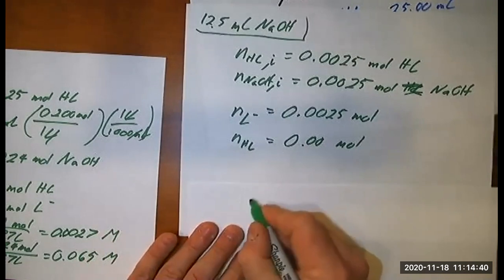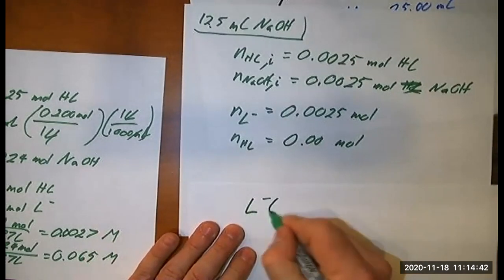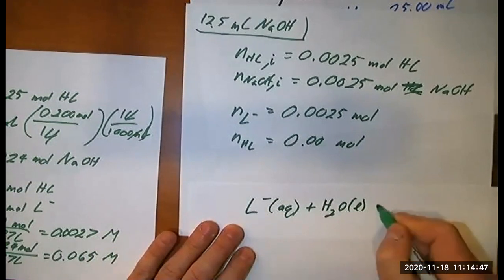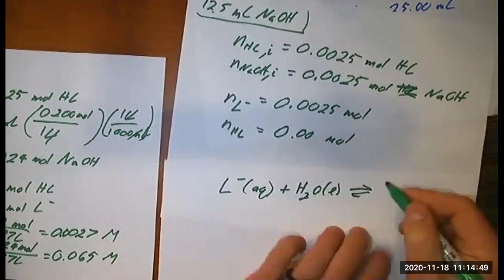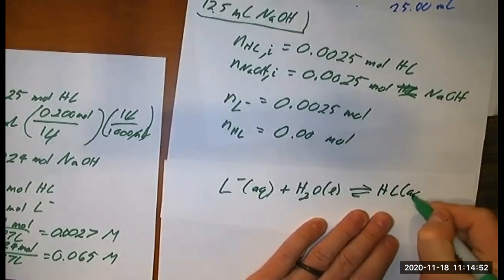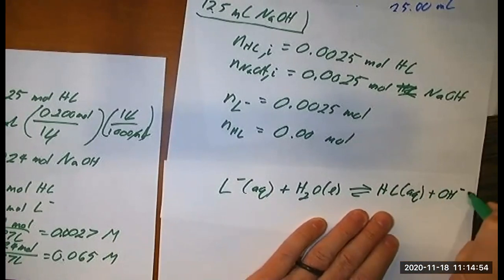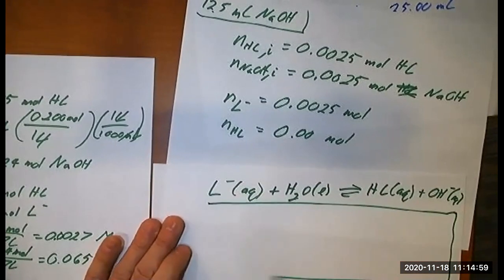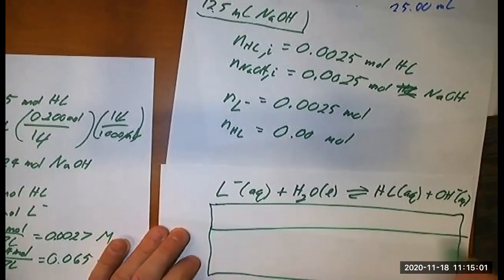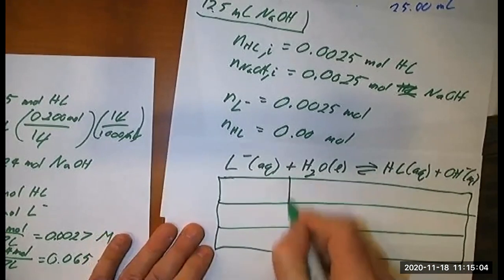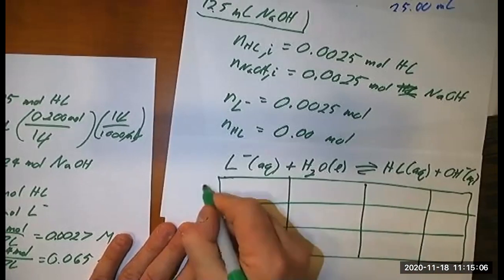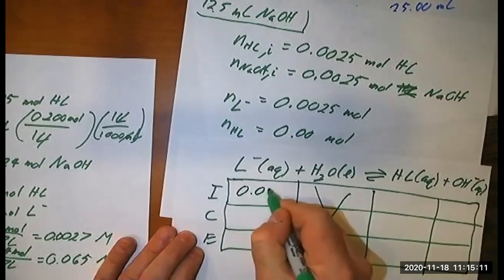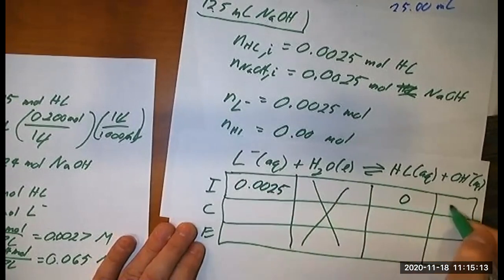So our base reaction is L minus plus H2O is in equilibrium with HL plus OH minus. Initial: 0.0025, 0, 0.